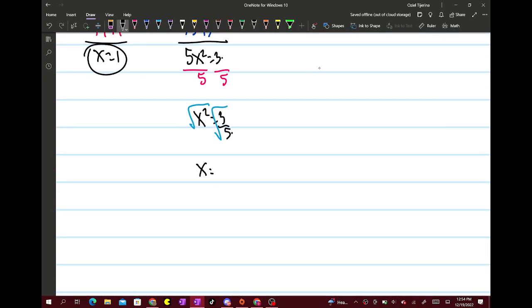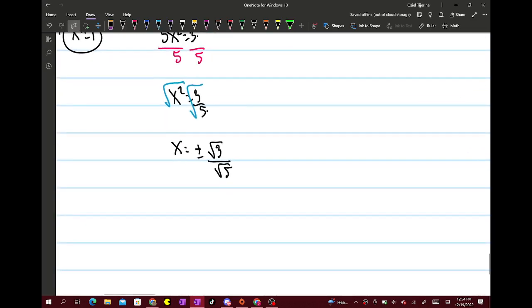So x equals plus or minus the square root of 3 over the square root of 5. Now, you're going to rationalize it. So you're going to multiply by the square root of 5 over the square root of 5. And this will be plus or minus the square root of 15 over 5.